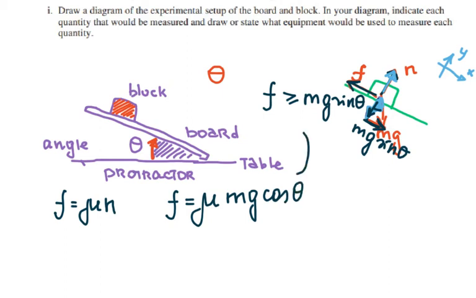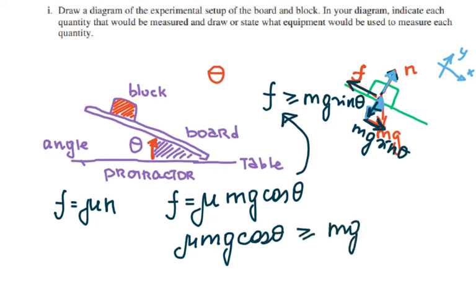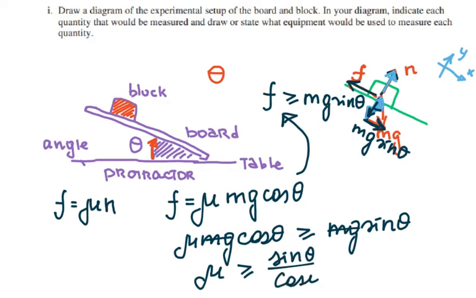So if I plug this into my equation, then I have mu mg cosine theta must be greater or equal to mg sine theta. If I cancel mg from both sides, then I will have that mu must be greater or equal to sine theta over cosine theta, or I can write it as tangent theta.